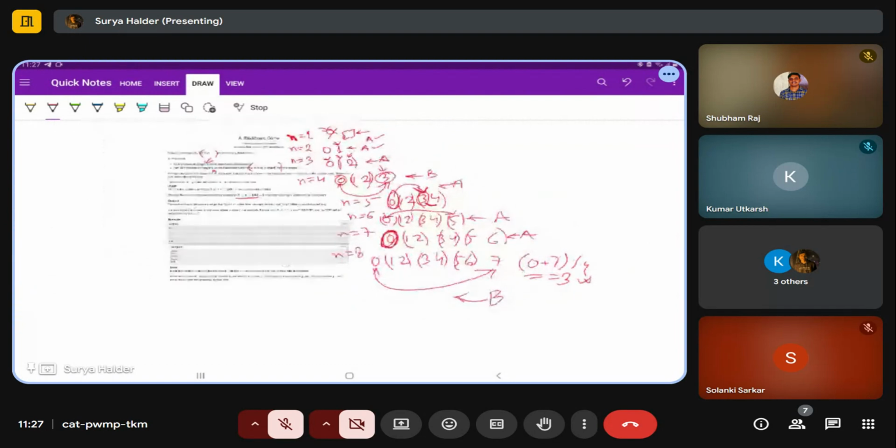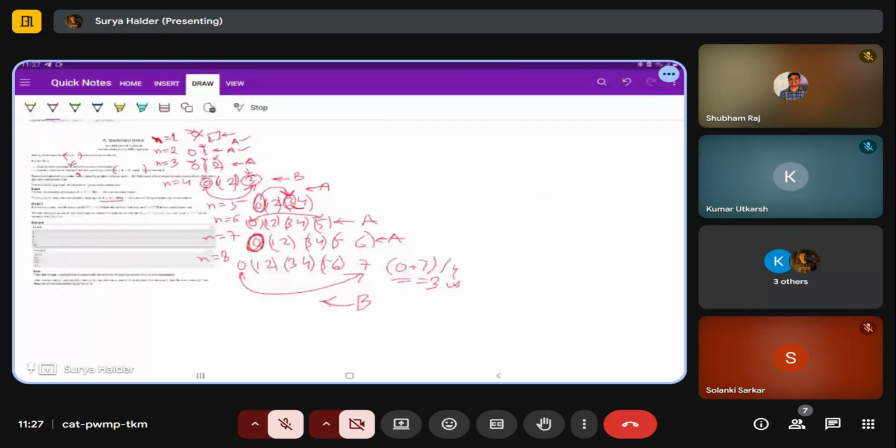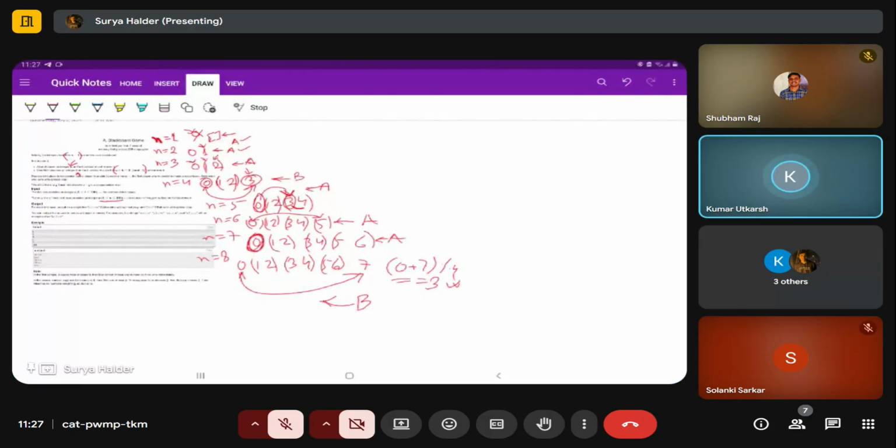So from this pattern, what can you infer? Anyone please unmute and tell. From this pattern, what formula can you get? Yes, a number that is 3 modulo 4 can only pair with a number that is 0 modulo 4.